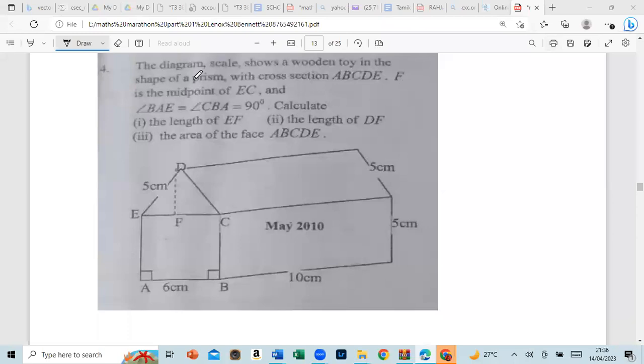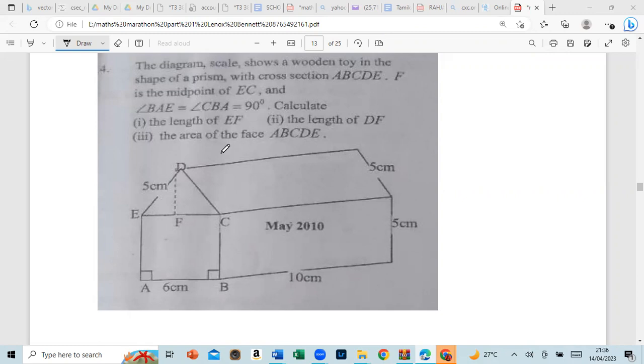All right, so the diagram shows a wooden toy in the shape of a prism with a cross section A, B, C, D, E. F is the midpoint of EC, and angles BA and CB are 90 degrees, all of them, what they give you. If I look at this, it's a 90, right? And then it says calculate the length EF.